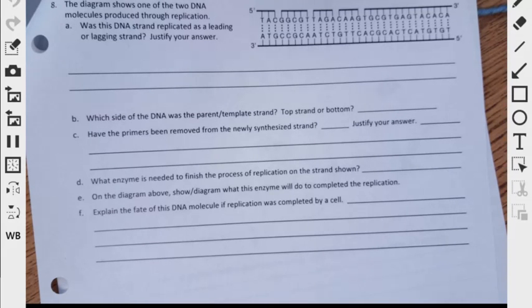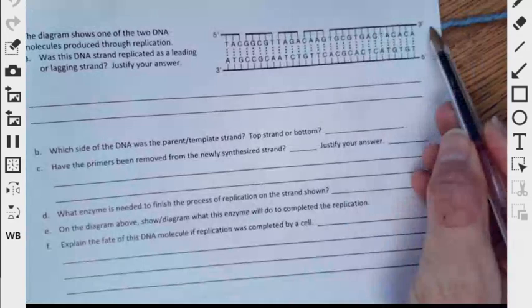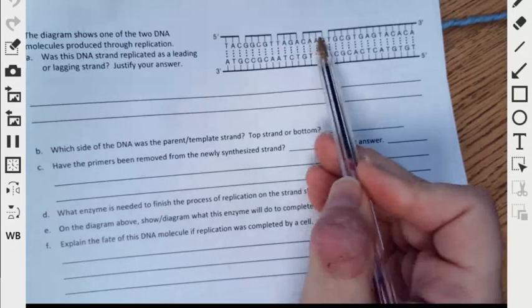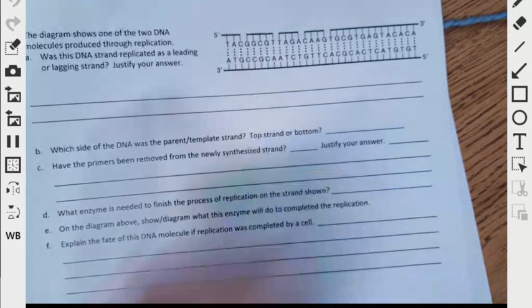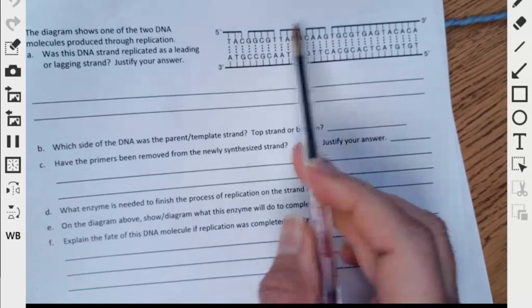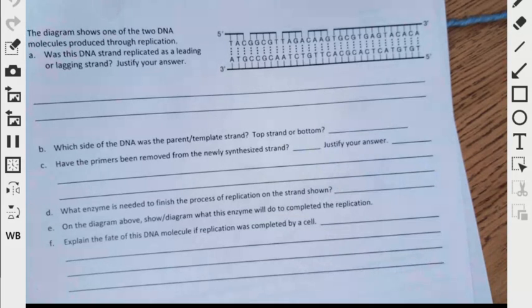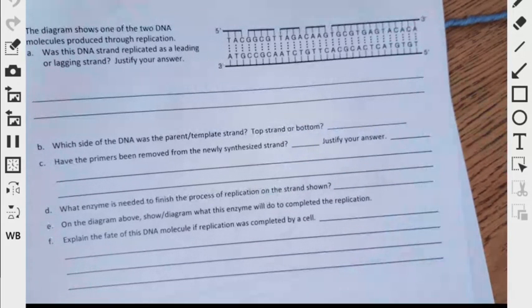So this part was made first, and now it's done, and then this part got added, and then this part got added, and then this part got added. We've got all these holes here because we're making it in pieces. So would this be a leading or a lagging strand that we're looking at here? It would be a lagging strand.